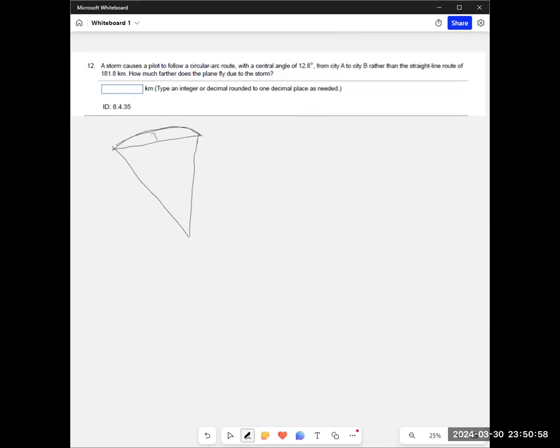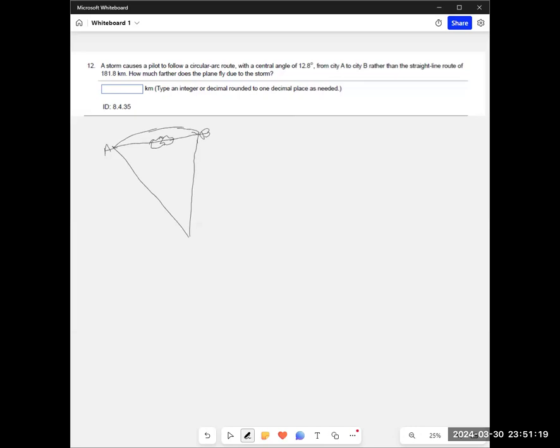There's a thunderstorm here that is in the way of them being able to take the straight line path, and they have to go around from city A to city B.